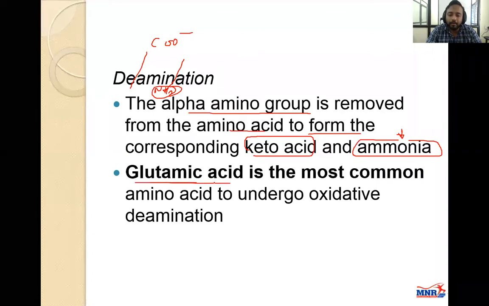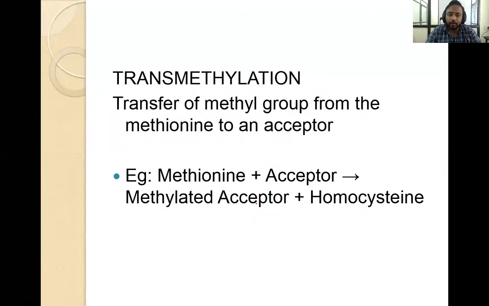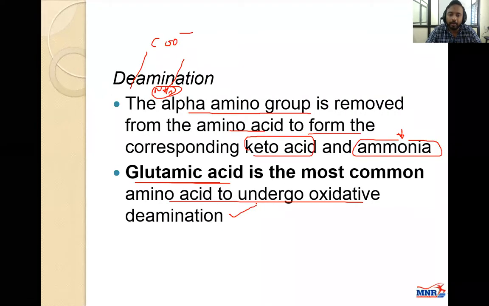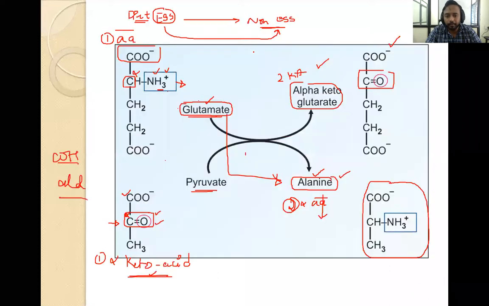Glutamic acid is the most common amino acid which undergoes this kind of reaction, the deamination reaction. Like for example, if you see the previous structure also, here it is completely removed. The glutamate will deaminate.